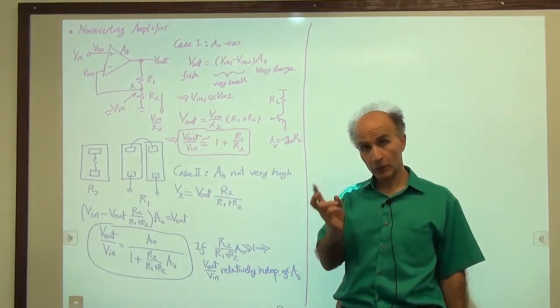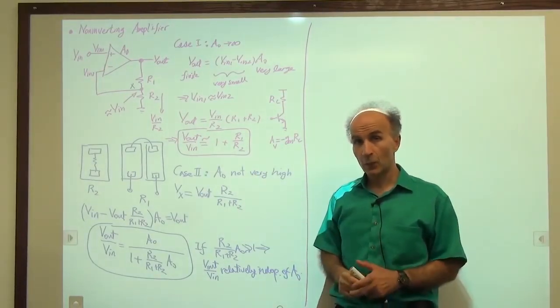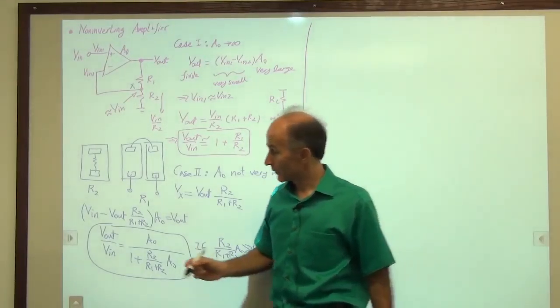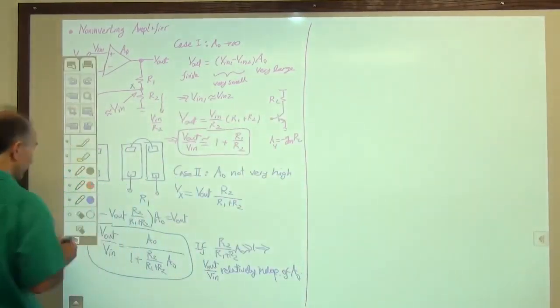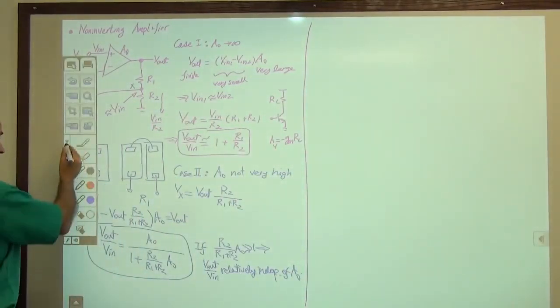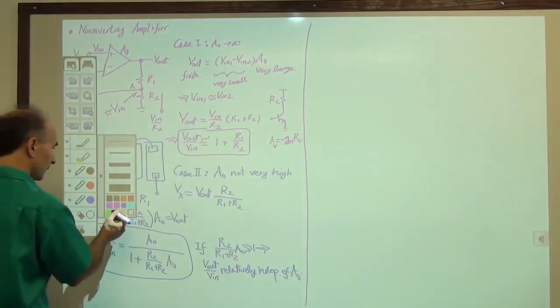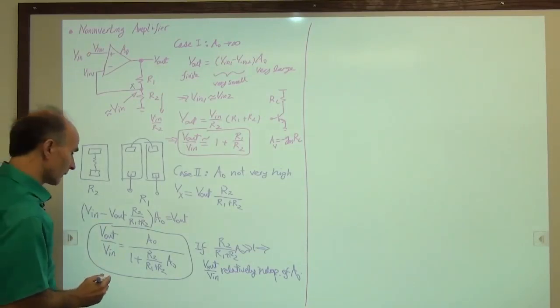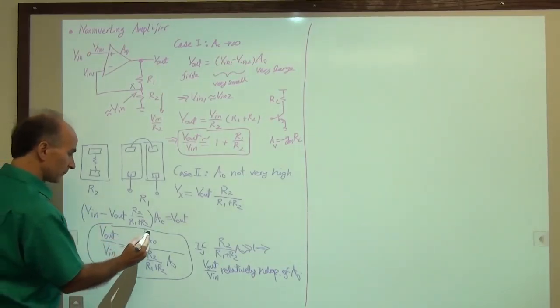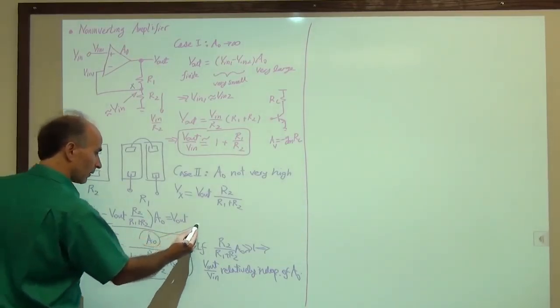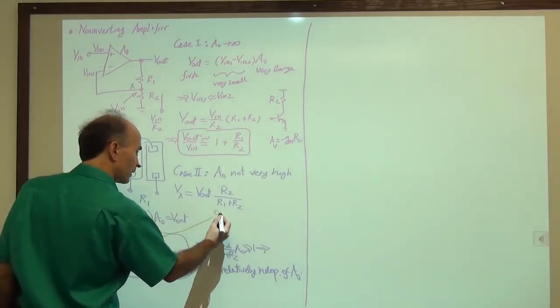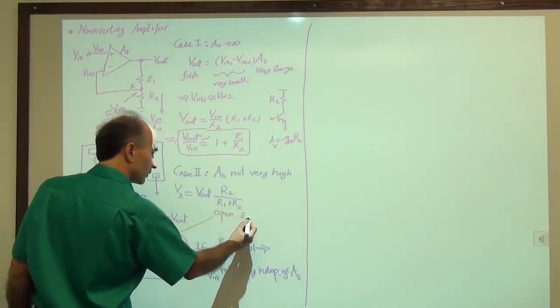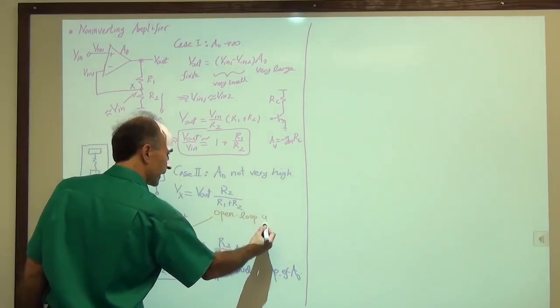And to make sure that we don't confuse these two gains, we will give them some names. So here's the way we call these. So let's go change the color to maybe brown. Okay, so A0 will be called the open loop gain.